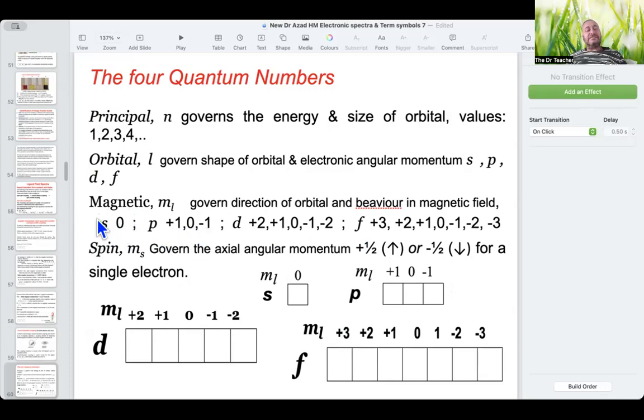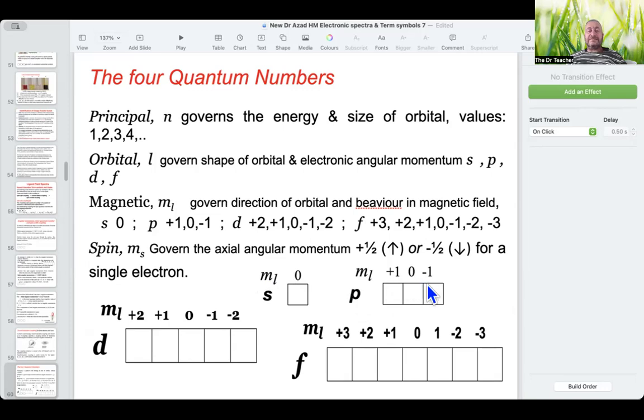So the S has only one room. When L is 0, ML is 0. And it's an S orbital. When there is P, degenerate, +1, 0, -1.